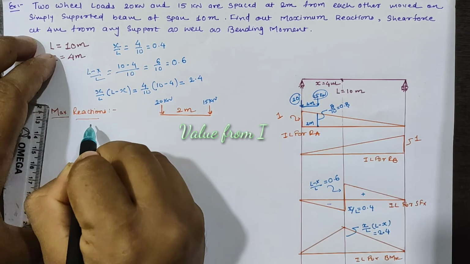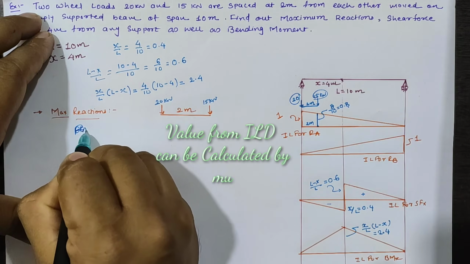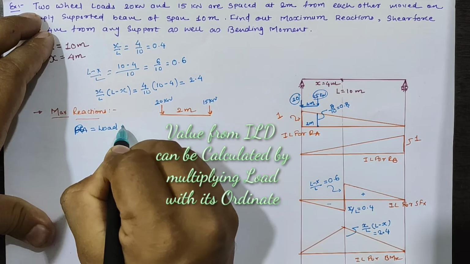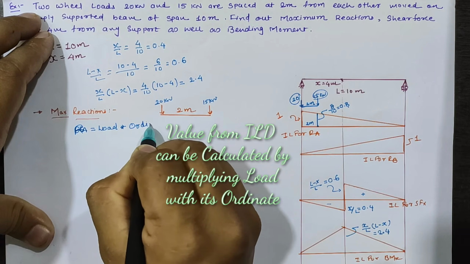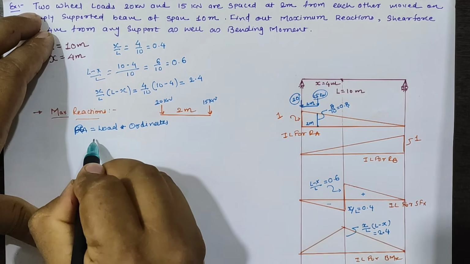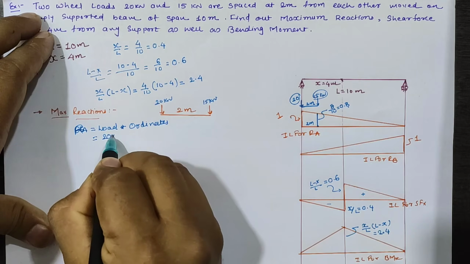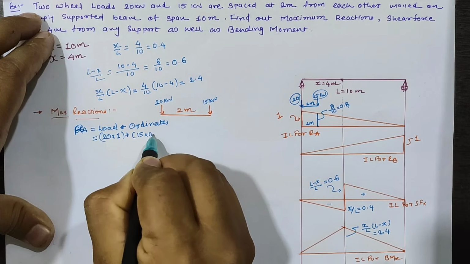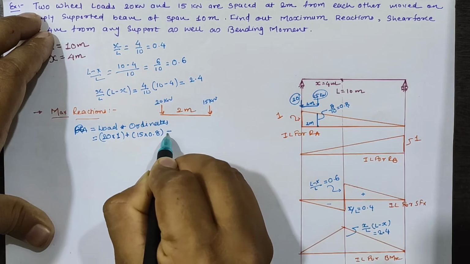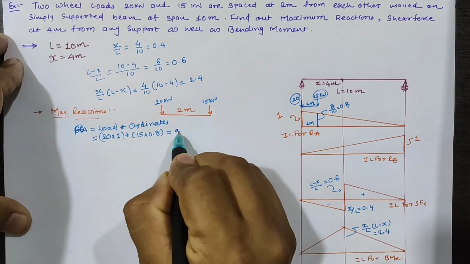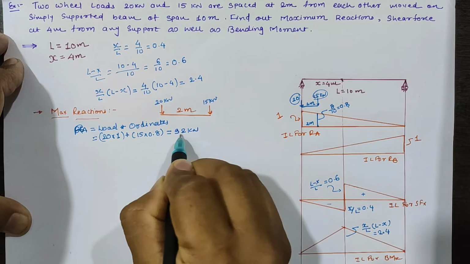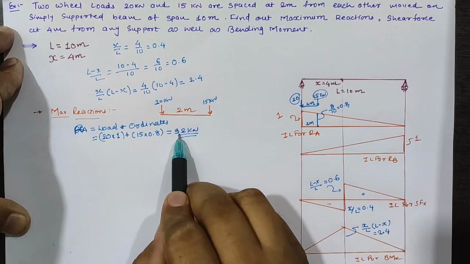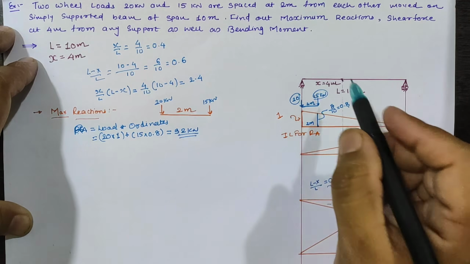So maximum reaction RA is equal to load into ordinates, which is 20 into 1 plus 15 into 0.8, which is equal to 32 kilonewton. So our maximum RA is 32 kilonewton as a vertical reaction.